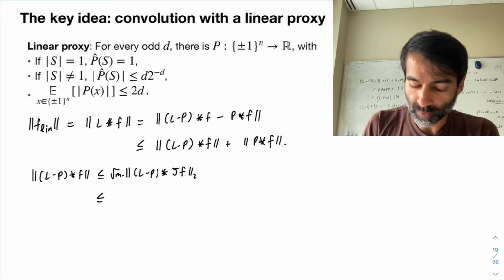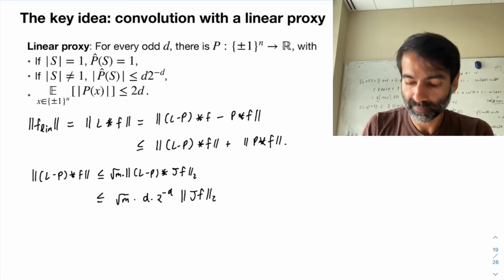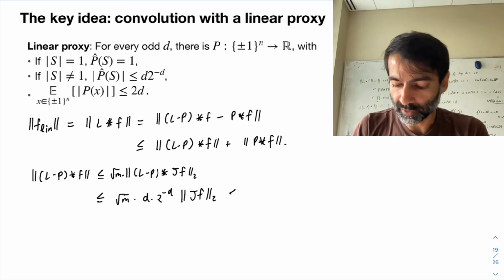So I can bound this quantity by square root m times d times 2 to the minus d times the 2 norm of jf. Which again, by John's theorem, by the choice of j, is bounded by square root m times d times 2 to the minus d times the norm of f.